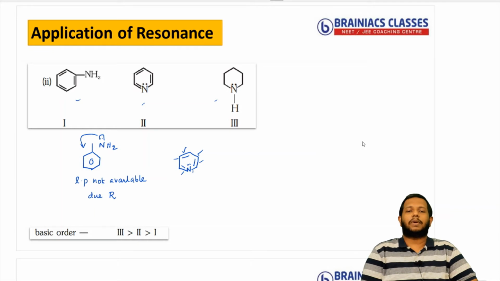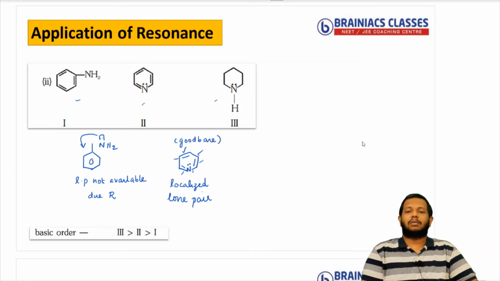So this lone pair is no more entering into resonance because there are already enough pi bonds that are doing the resonance. So I can say this is a localized lone pair. What is the advantage of that? It is available for donation. That means this pair of electrons is not entering into resonance. So it is a good base. I can say this is a good base.